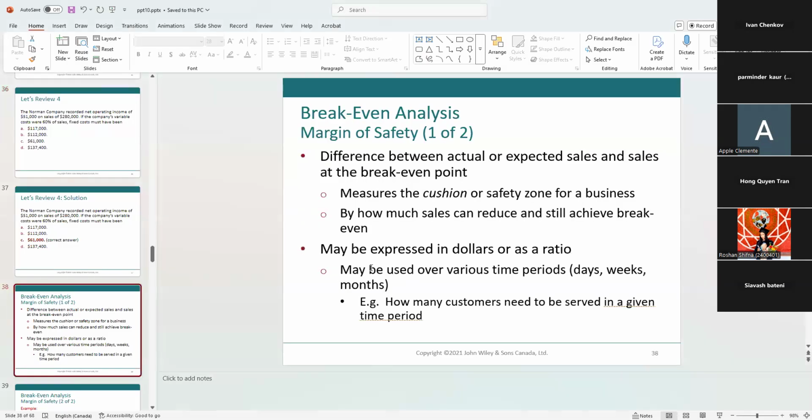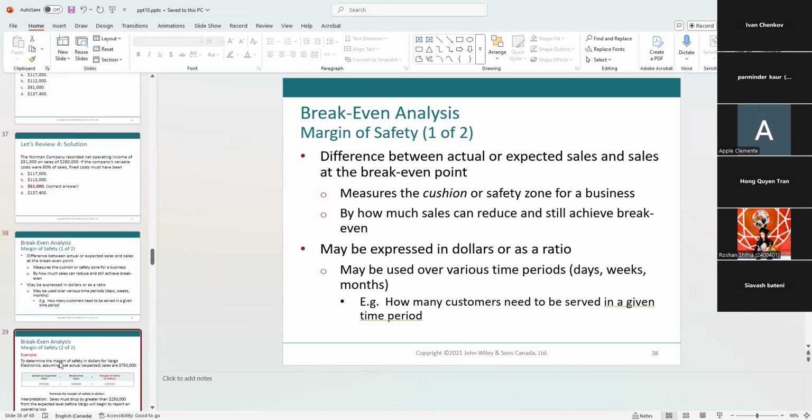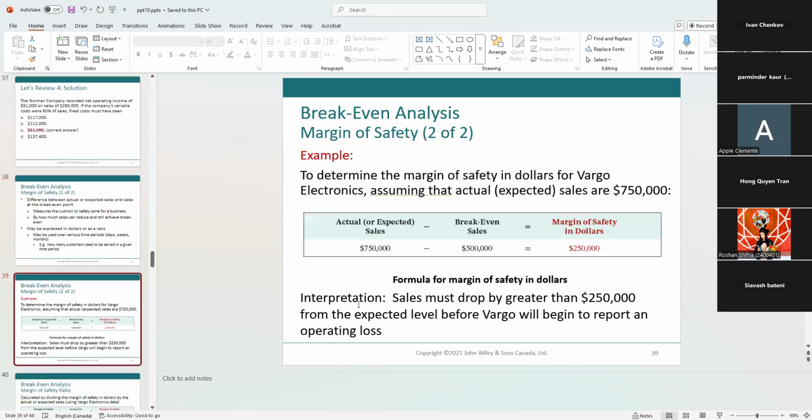Margin of safety. Again, the margin of safety is the simple calculation between where you are compared to the break-even. That gives you the cushion of sales reduction if something goes wrong, without reaching the break-even point.